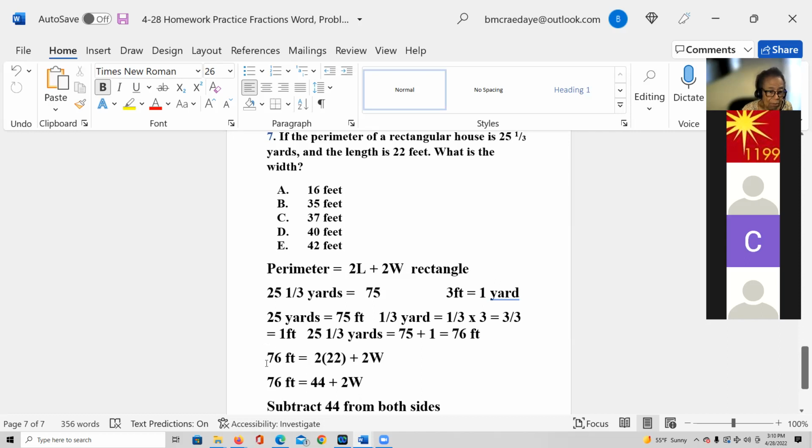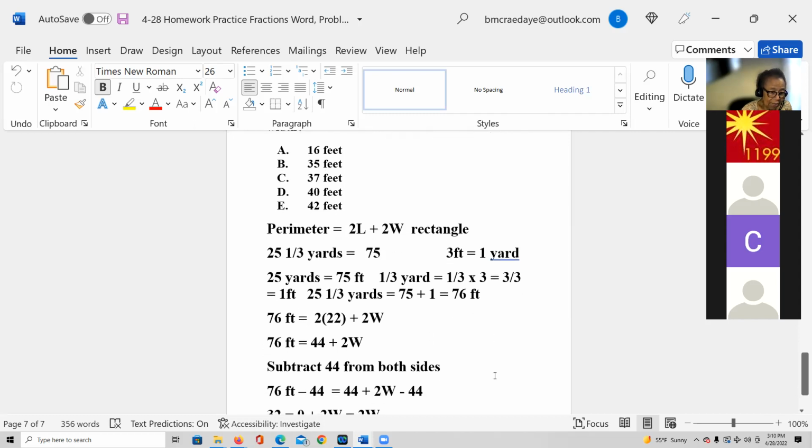Remember, keep the equation in balance. What you do to the left side, you have to do to the right side, always doing the opposite operation. You're adding the 44, so you need to subtract it. If you subtract 44 on the right side, it goes to 0, and you have just 2W left.